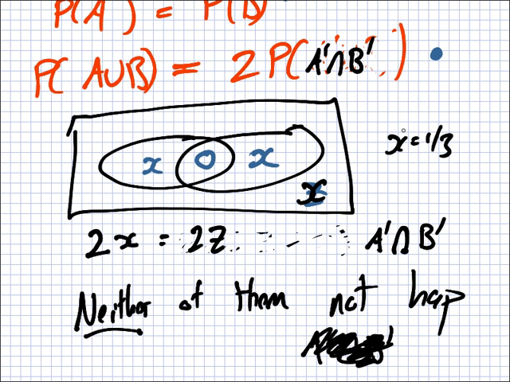Ask him what neither of them not happening means. See what he thinks. I think you might be right though. Perhaps I should really have said neither of them happening rather than not happening. So I'll try to remember to change that. It's like two nots. Yeah, I get that.